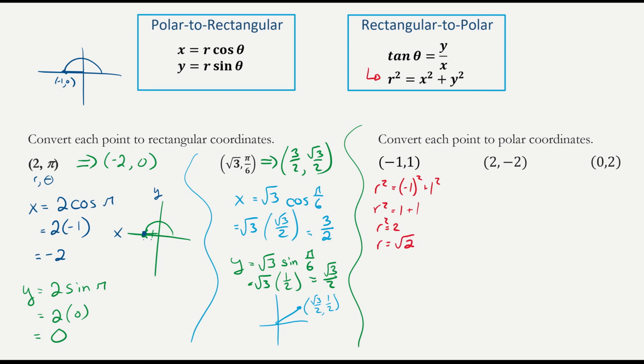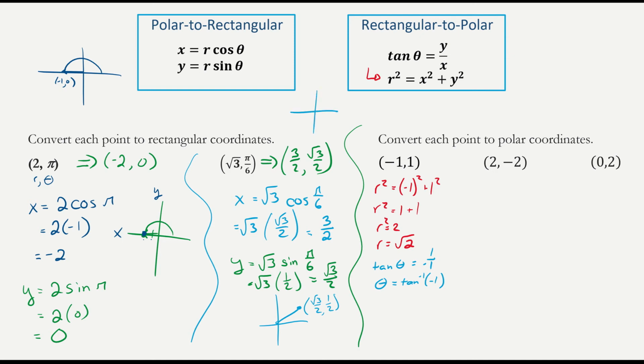Okay, and then we find tangent of theta because we're trying to find theta. So we do tan theta equals y over x, so 1 over -1. So theta equals tan inverse of -1. So tangent of what angle is -1? Let's see if we can imagine.